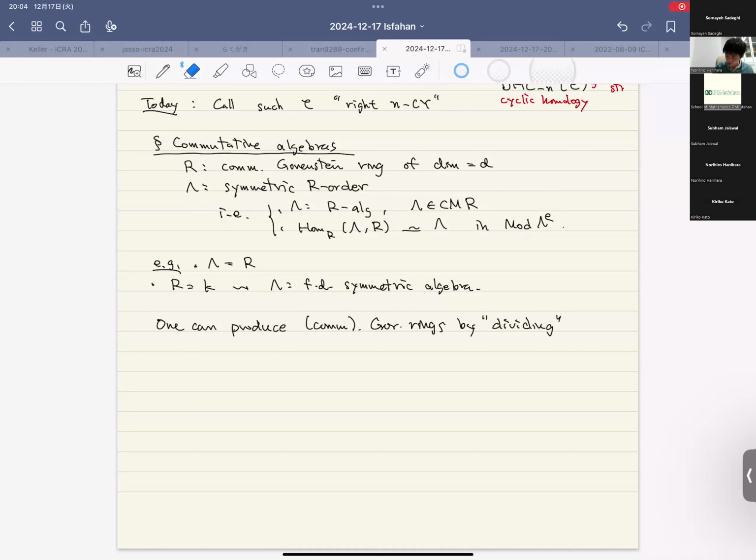Let me be precise. The first example: if we have a polynomial ring in d+1 variables and some non-zero element, then its quotient by the ideal is Gorenstein of dimension d.